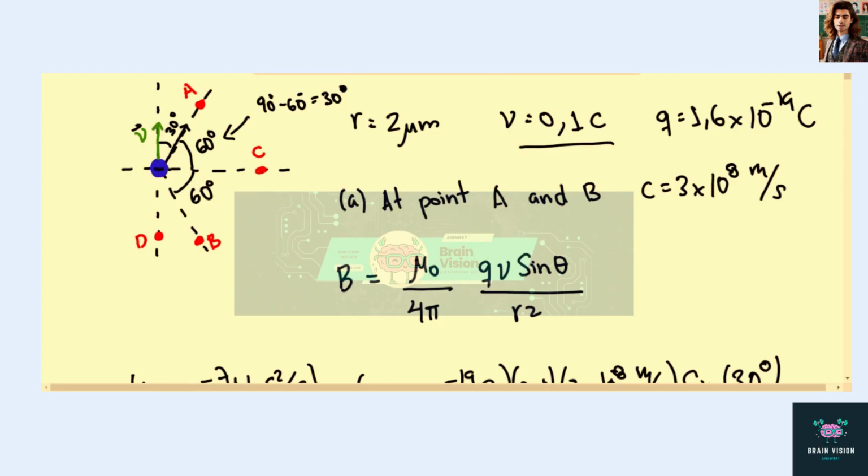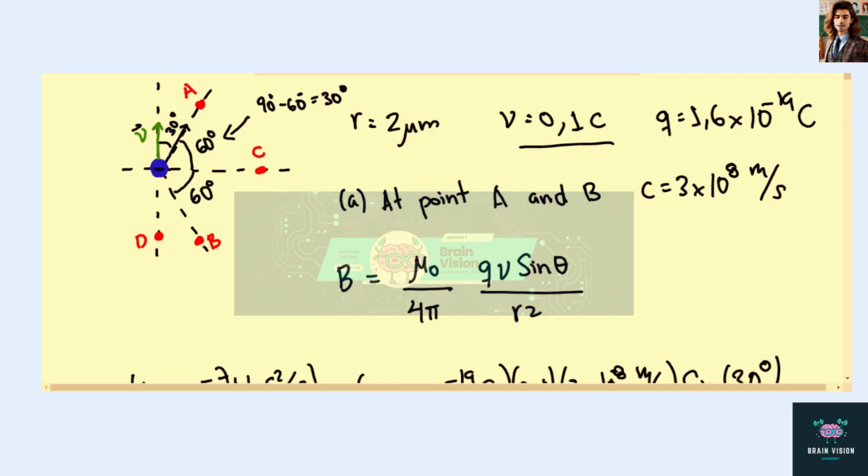So with the right-hand rule, you put your right hand in the direction of the v vector, and you go from there to the r vector, and you will see that your thumb is pointing inward.